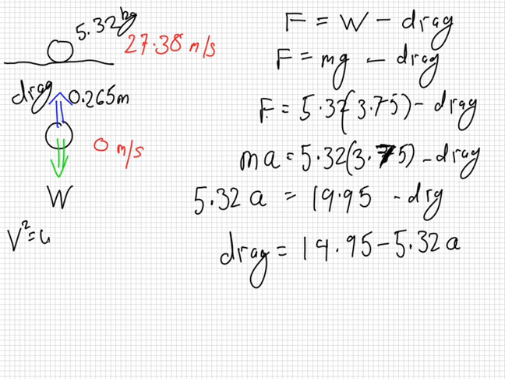So I think the easiest way to get the a would be using the formula v squared equals u squared plus 2as. Now in this picture here, it looks like I was calling down positive. So the v is 0, the u is 27.38 squared, the a I don't know, the s I do know. What's 2 times this?